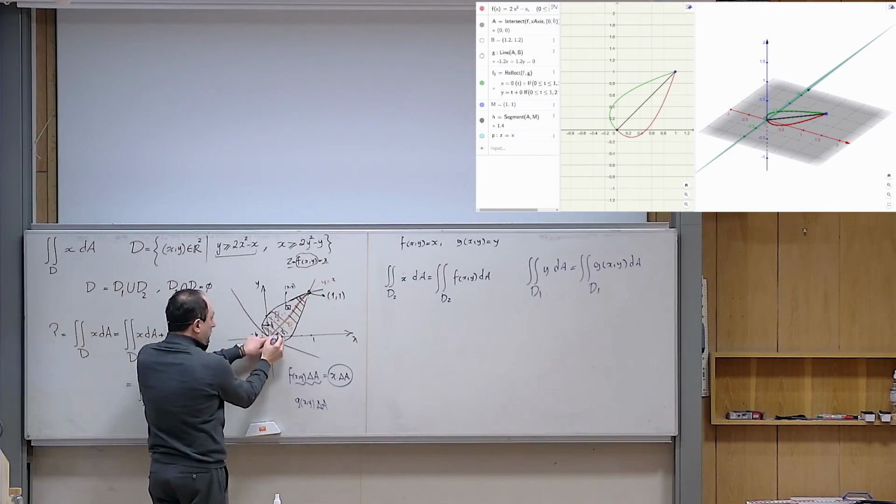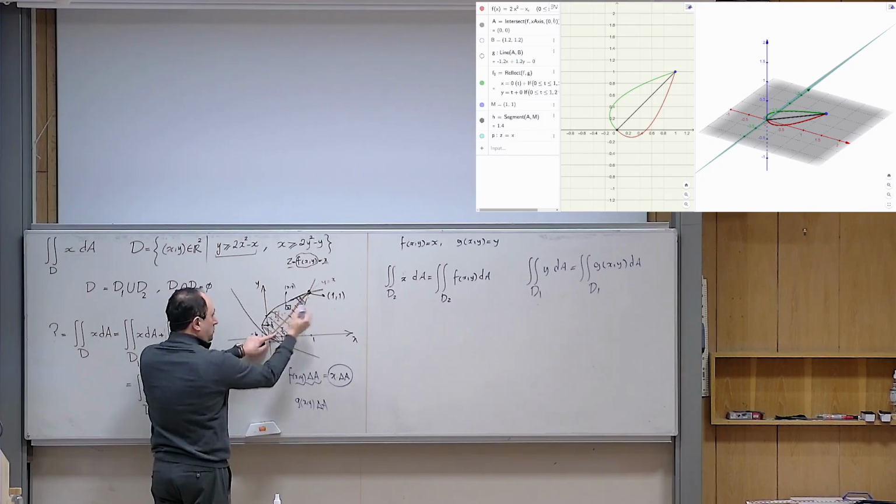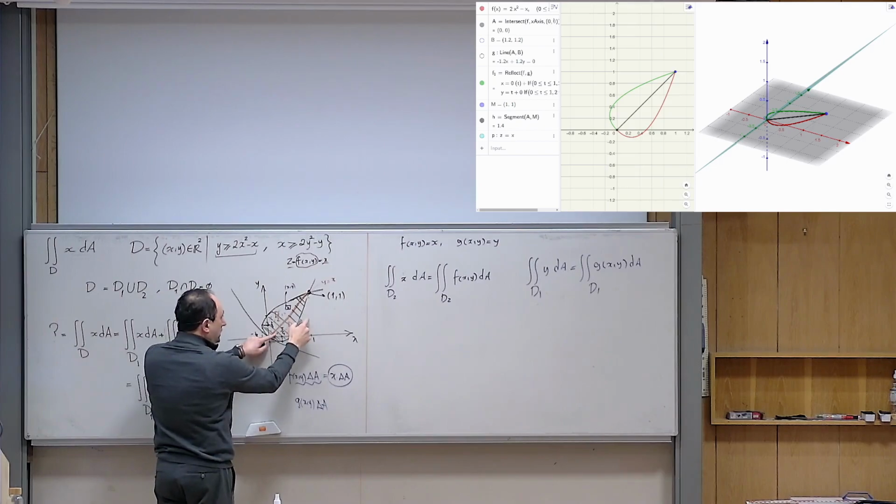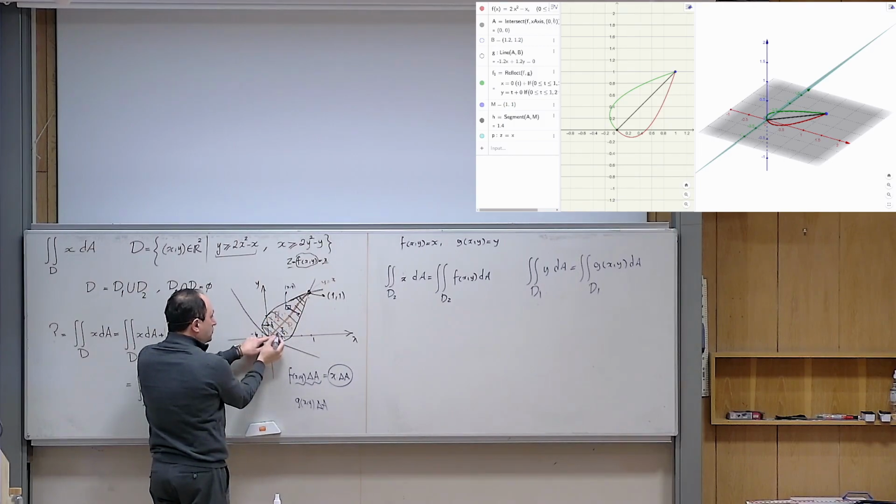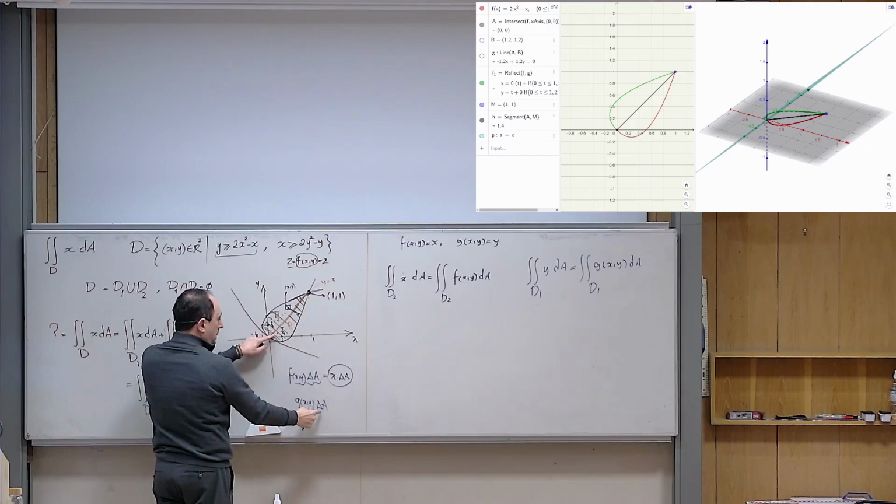Okay, but when I want to do this, I have to consider all the points, one by one. At some point, I reach a very particular point. Which point? The mirror image of that point with respect to this line. Okay, so I am doing the same thing. I am taking points on this region and calculating g at the coordinates of that point, multiplying it by delta A. This is the contribution coming from that particular point.